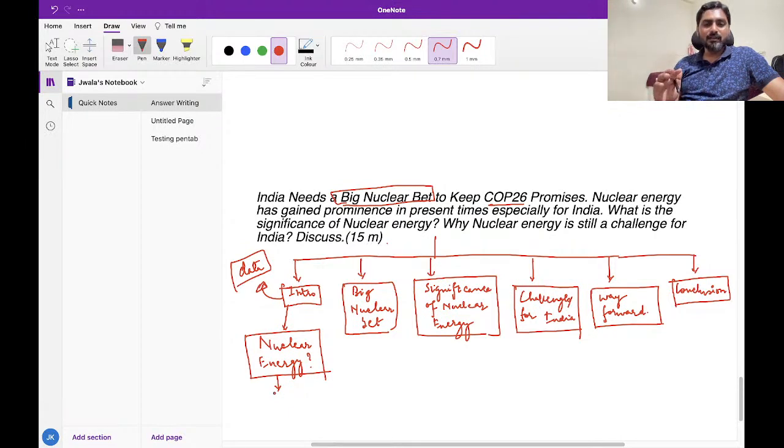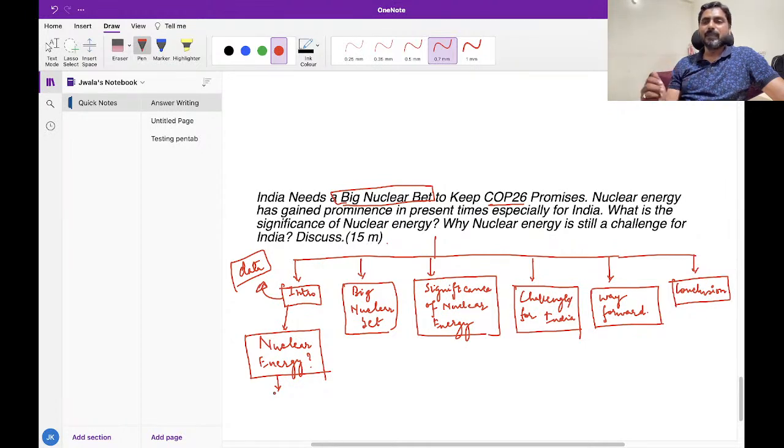Fusion technology is much more sophisticated and we haven't developed commercial scale fusion reactors, but in fission we have commercial scale nuclear reactors. When we do fission, we produce heat, and that heat is utilized to produce electricity.